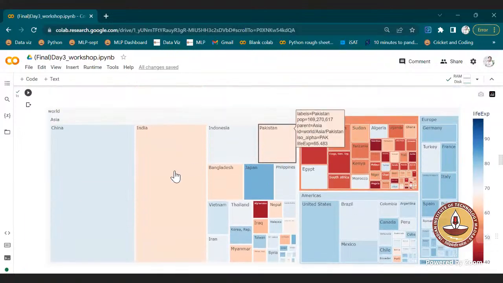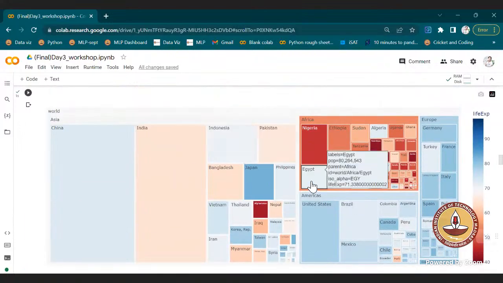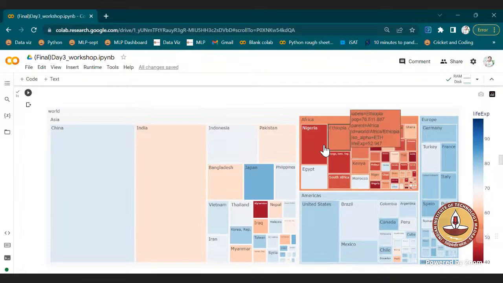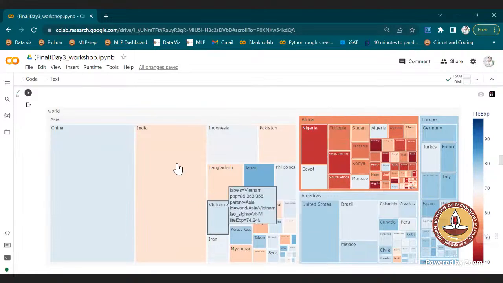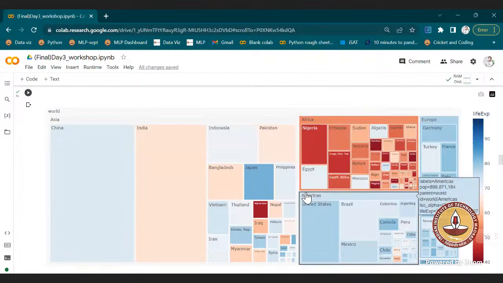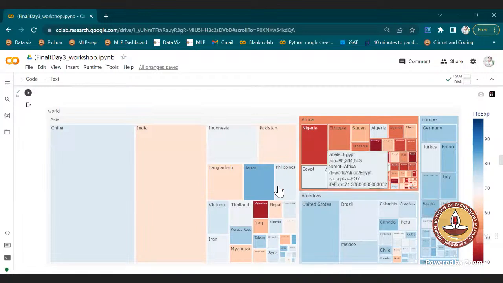For example, Egypt is in Africa, but check the difference between Egypt and Nigeria. Ultimately you can't target a particular country in such cases, but you can directly understand these are the countries where the life expectancies are pretty low. And again in Asia, for example, Afghanistan stands out.